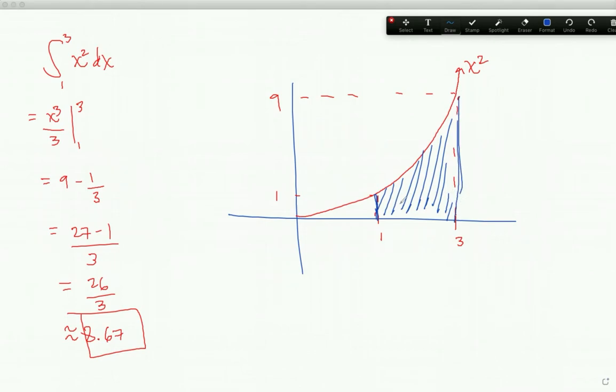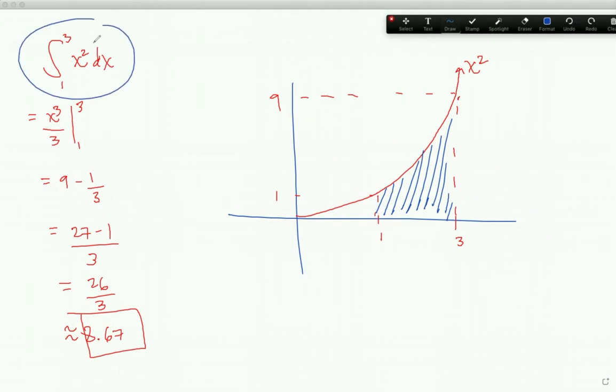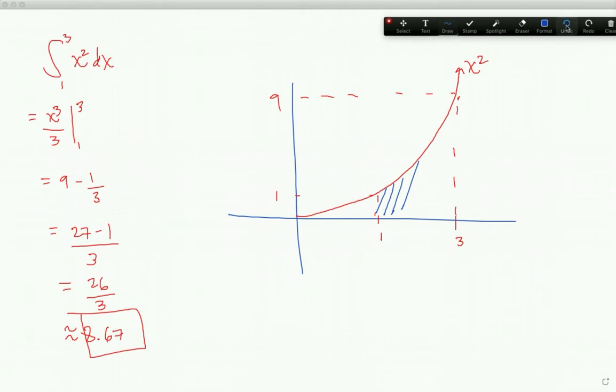Got it. Now, before you learn how to do this, which is antiderivative, then plug in, and so on, you are taught to approximate the area. And this is definitely a question you're going to see on the AP. Now, approximating area. There are a few ways to approximate the area. They're generally called Riemann sums.